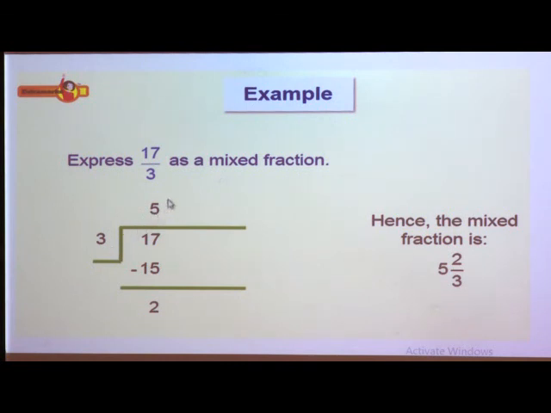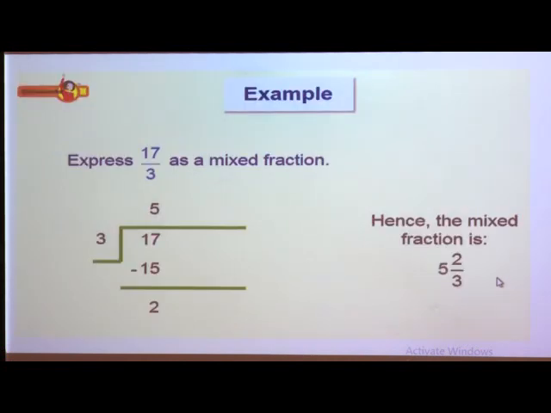The quotient 5 comes in the whole number's place, 2 is the remainder and 3 is the divisor. So the mixed fraction is 5 2 by 3.